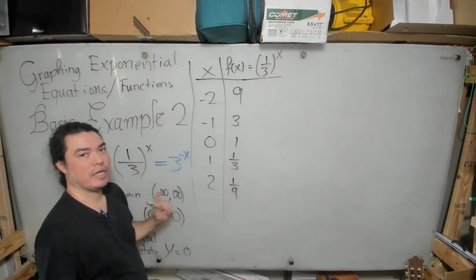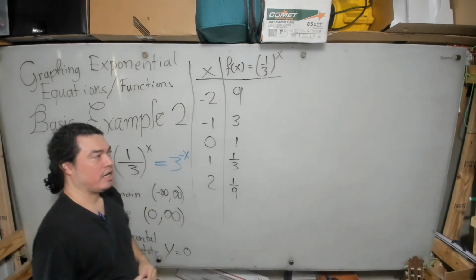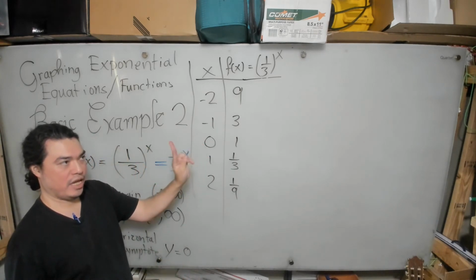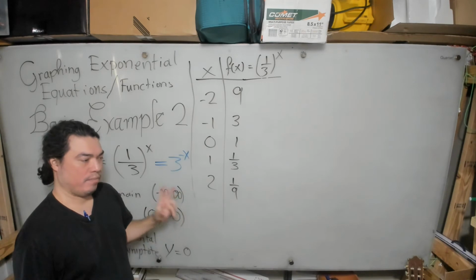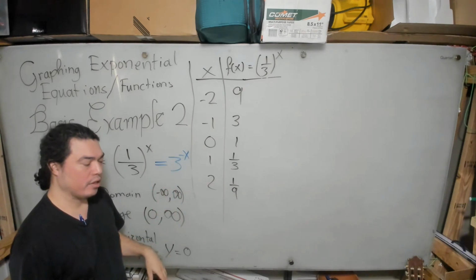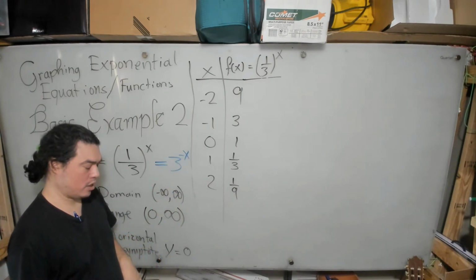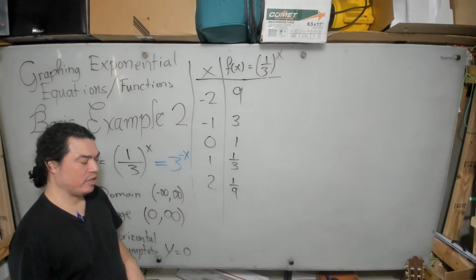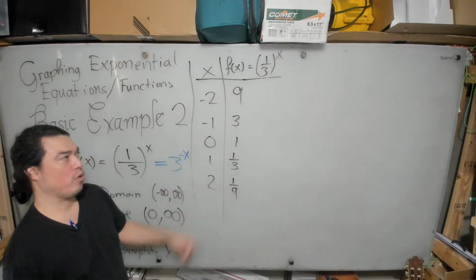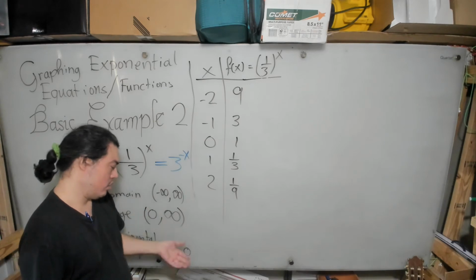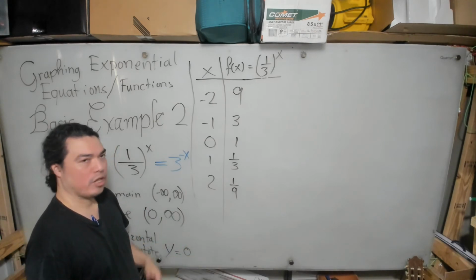So from a geometric perspective, identifying this as the reflection of 3 to the x across the y-axis gave us very good cause to believe that the horizontal asymptote of this one would also be y equals 0, or in other words, the x-axis.